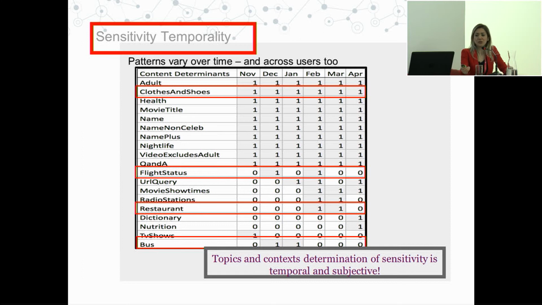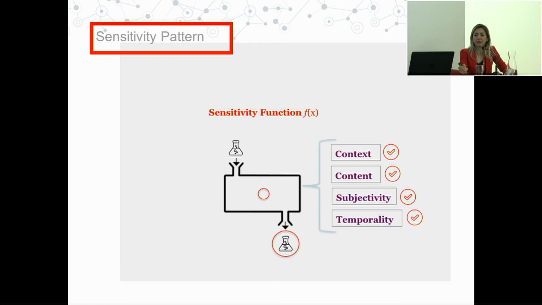So this just brings another evidence that temporality and subjectivity do affect how people reason about the sensitivity of their data. So just to summarize, what we refer to as the sensitivity function in this case is the pattern that we learn, because the outcome of the machine learning algorithm is actually a formula, a function. So the work shows that context, content, subjectivity, and temporality are all aspects that affect reasoning about sensitivity.